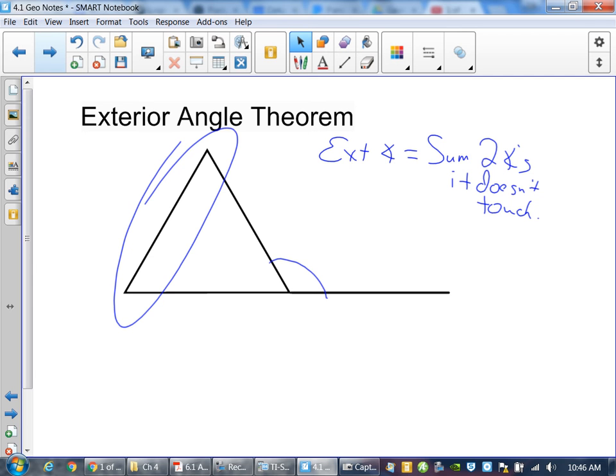Let's start over. How many degrees are inside of a triangle? 180. What's 40 plus 55? 95. So subtract 95 from 180, you're left with 85, which means the supplement to it is 95, which means this angle equals the sum of the two it doesn't touch.